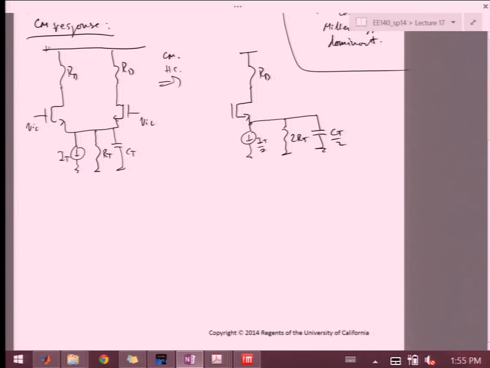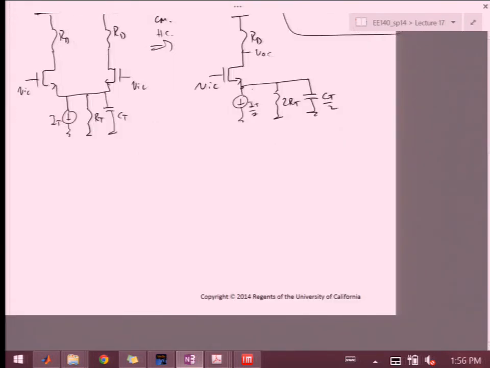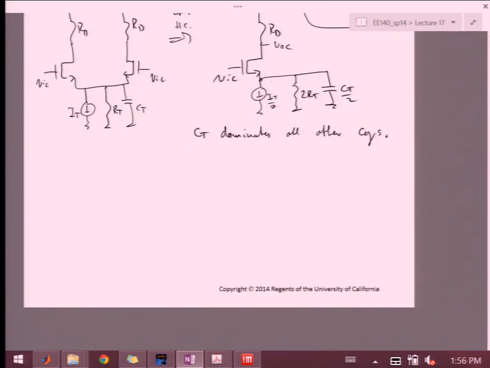So what we're going to assume now is that CT dominates all the capacitances. And usually that is a really good assumption, because that tail node will be the most loaded from the source and the interconnects at that point. This is something that you really need to pay attention to when you design your differential amplifier.